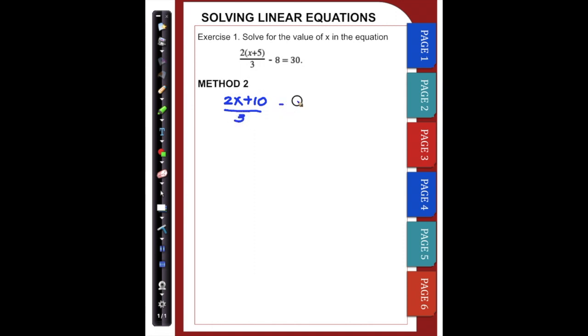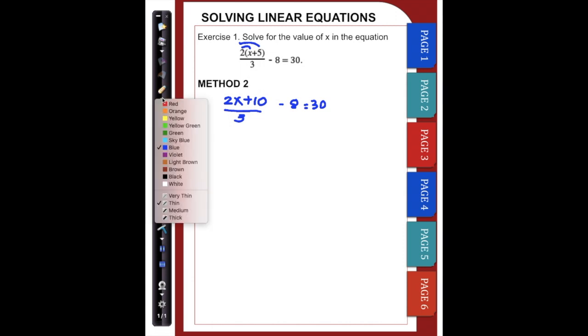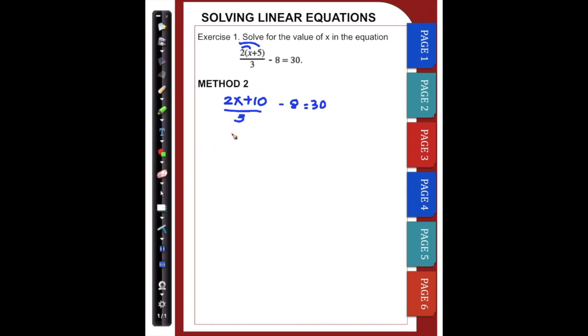So you have 2x plus 10 over 3 minus 8 equals 30. Let's just copy that down here. Remember, we got the 2x plus 10 from the previous steps. Just distribute 2 times x and 2 times 5. Okay, the next step would be to eliminate minus 8 on the left hand side.